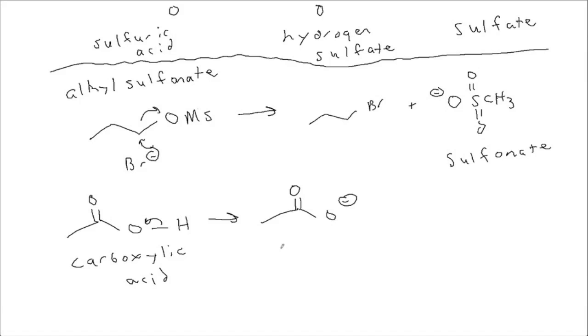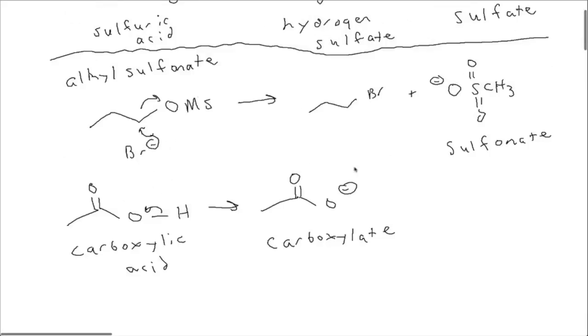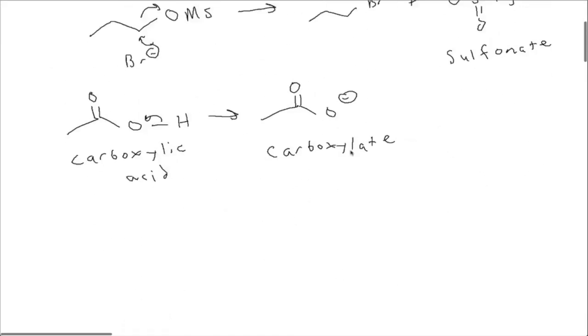Excellent. That's right. It's called carboxylate? Maybe carboxylate? Exactly. So after it loses the proton, it's called a carboxylate. Okay. Because now there's a negative charge on the oxygen. So when there's negative charges on oxygens, that generally gets that "-ate" suffix.